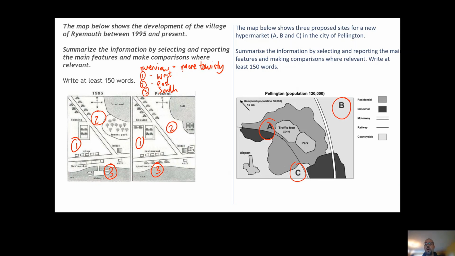In terms of an overview, I would talk about the main thing linking these 3 suggested areas is their proximity to the city centre and to the airport.